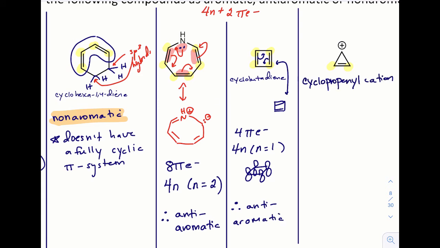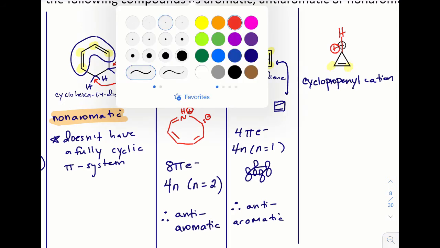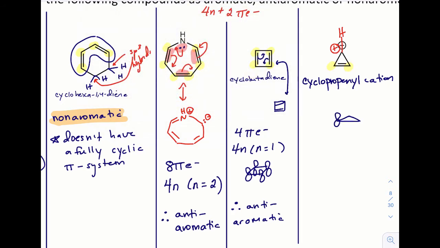The final example that we will examine at this moment is the cyclopropenyl cation. These 2 carbons are certainly expected to be sp2 hybridized, making a pi bond with p orbitals. This carbon is also sp2 hybridized, and we expect it to have an empty p orbital, hence the carbocation.